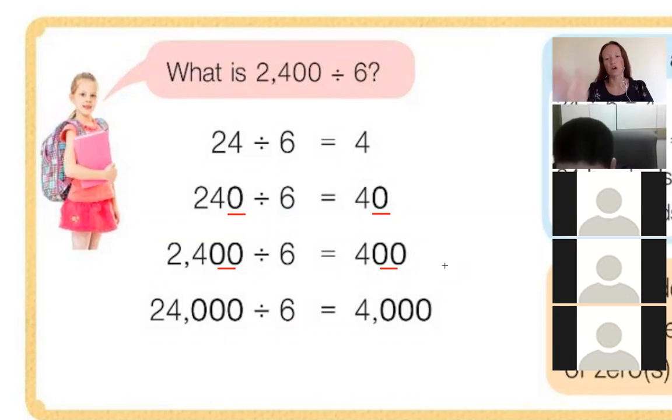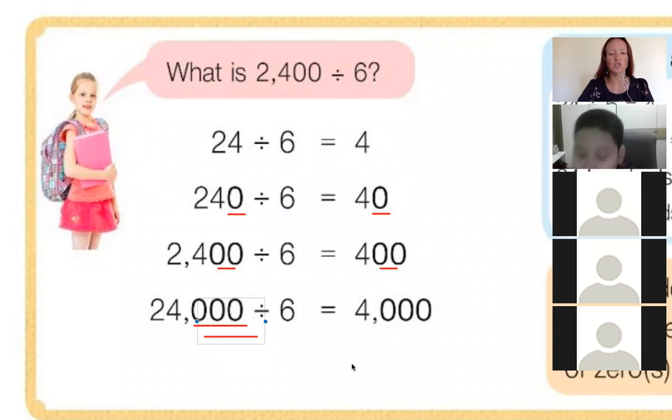That's why we have to transfer them. Same here, 24,000. We have 3 zeros, and the same 3 zeros we have to transfer to the quotient, right?